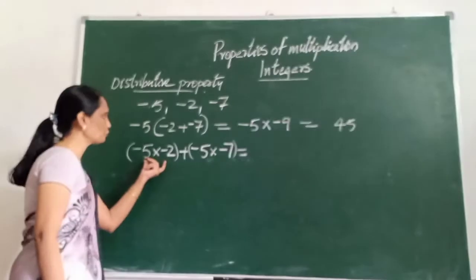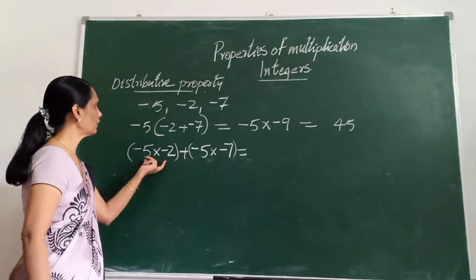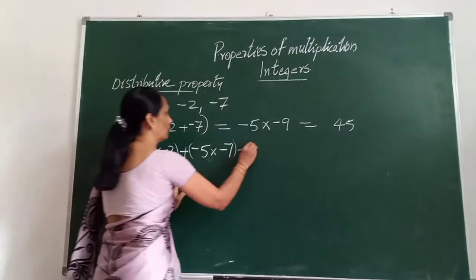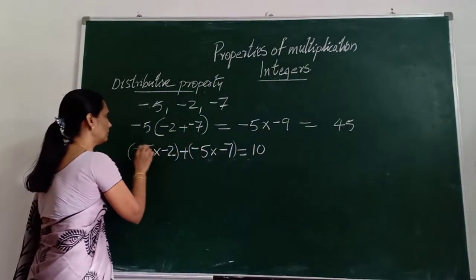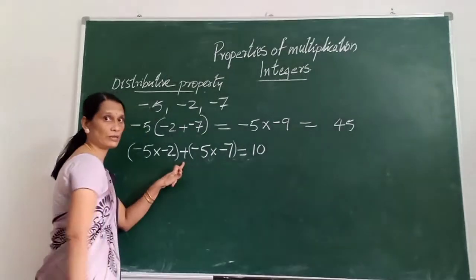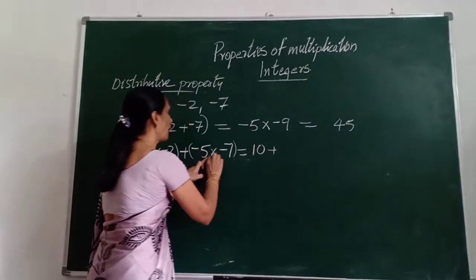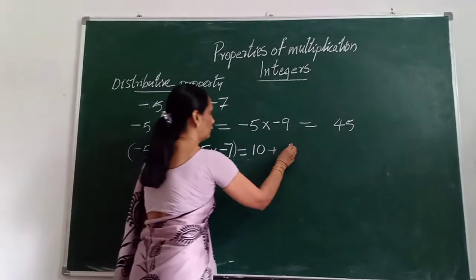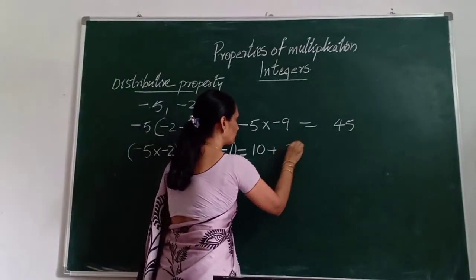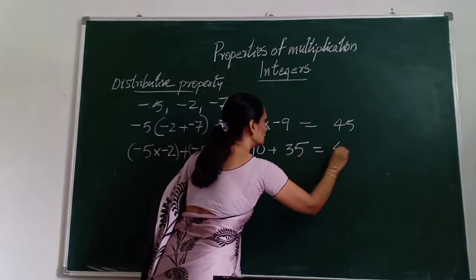The two answers should be added to each other. Minus 5 into minus 2, that is plus 10. Isn't 5 twos are 10, minus into minus is plus. Next, the middle symbol is plus. Plus 5 sevens are 35. Minus into minus, plus. So plus 35. So what is the answer?